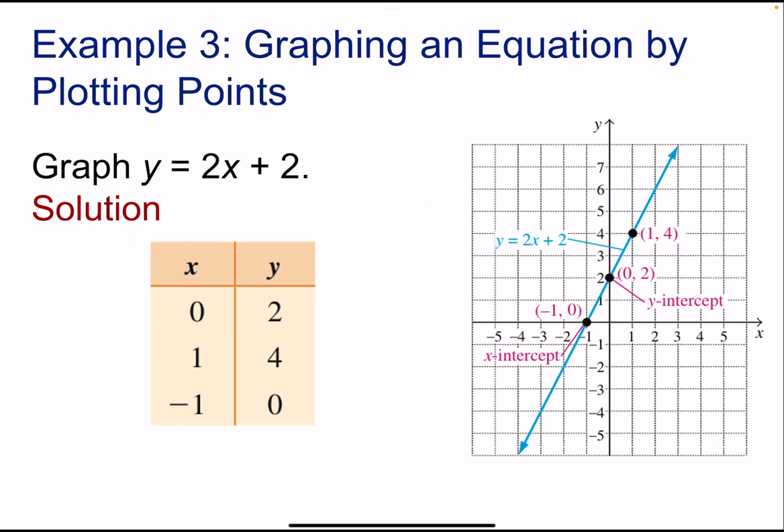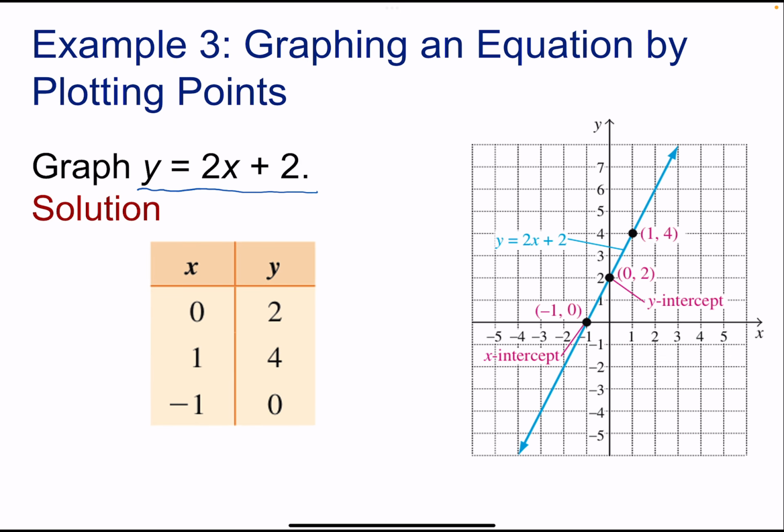Example here, y equals 2x plus 2. Here we don't need to solve it for y because it's already given to us. Otherwise, you need to solve it for y first. So you first get the expression y equals some multiple of x plus some number, 2x plus 2, and then you arbitrarily choose 3 values of x.